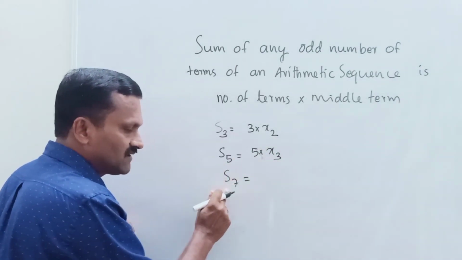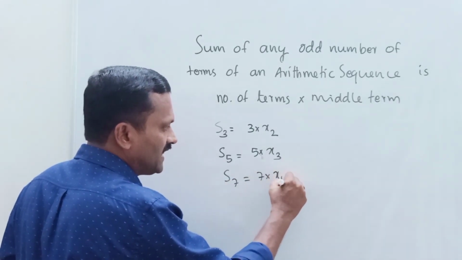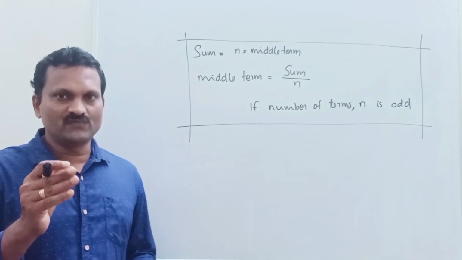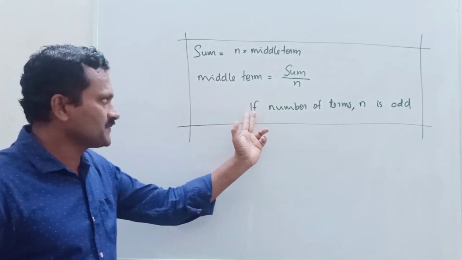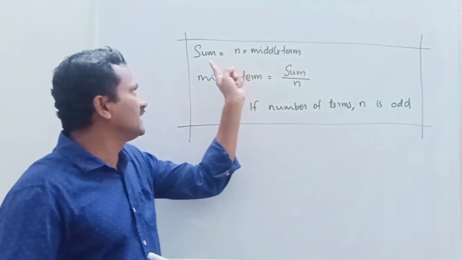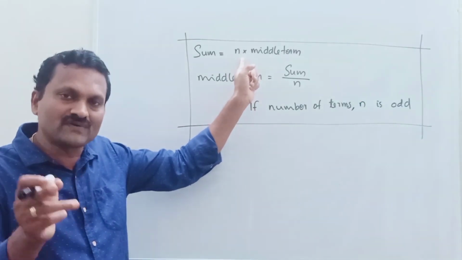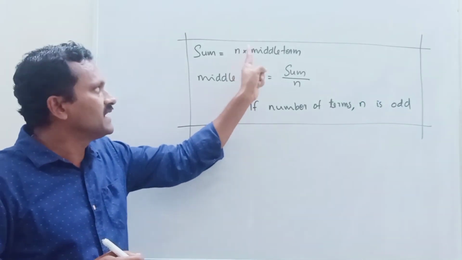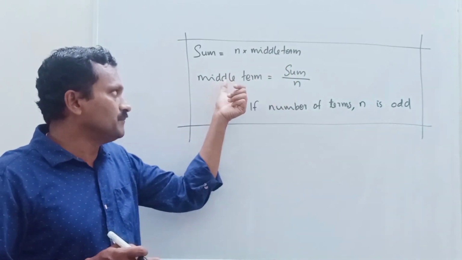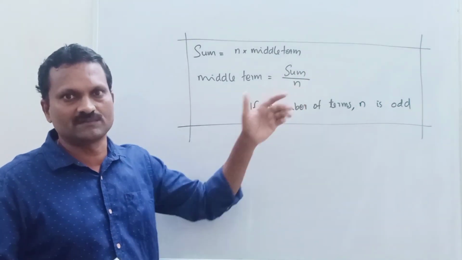And the sum of 7 terms, s7, equals 7 into x4, and so on. We can write it as: if the number of terms n is odd, then the sum of n terms of an arithmetic sequence is n into the middle term. If the sum is given, then the middle term is the sum divided by the number of terms.